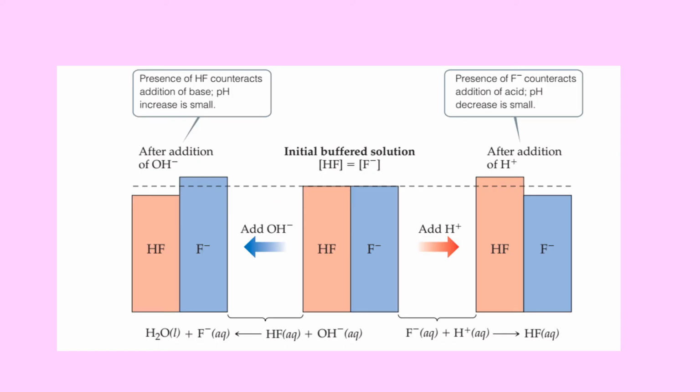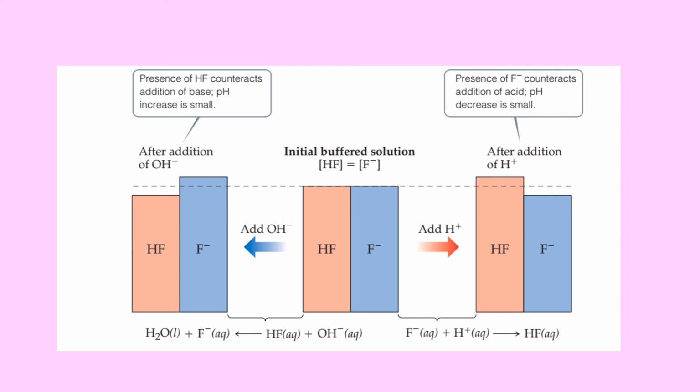An example of a weak acid and conjugate base buffer is the hydrofluoric acid and fluoride ion buffered solution. So this buffer solution contains equal concentrations of hydrofluoric acid and the fluoride ion.